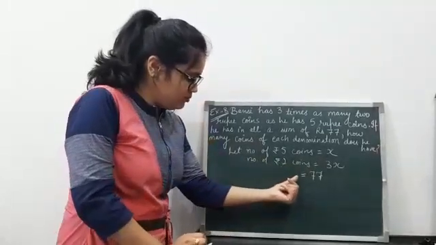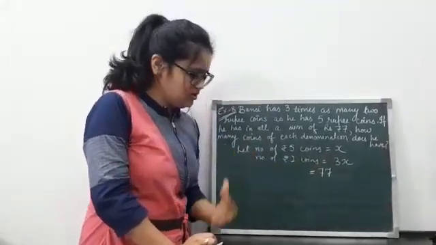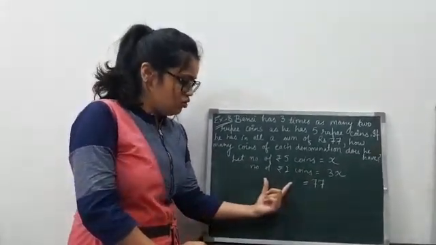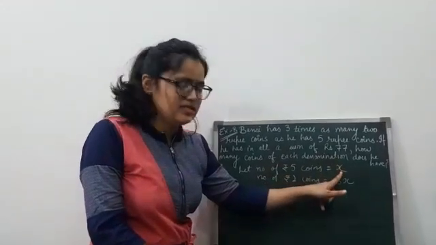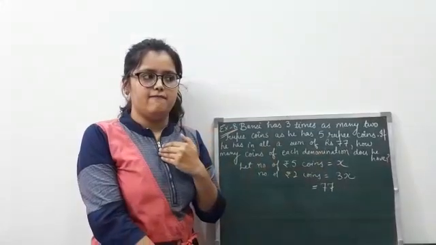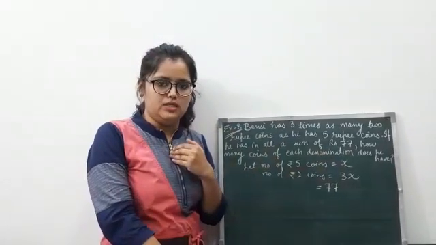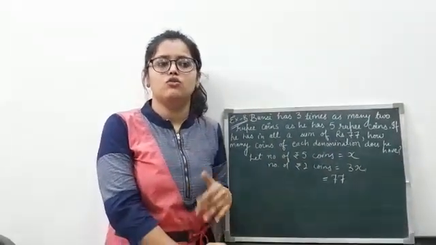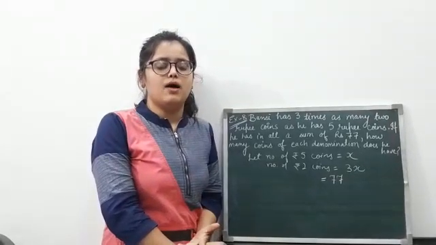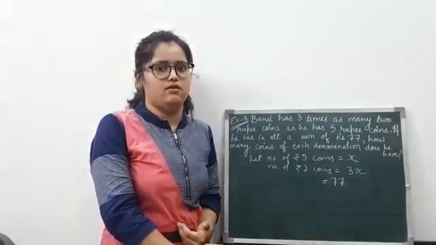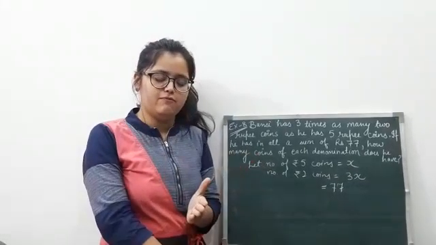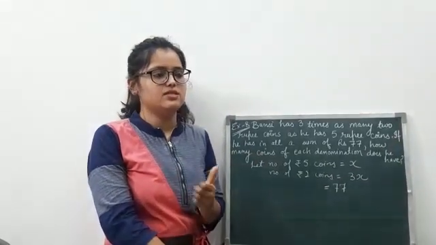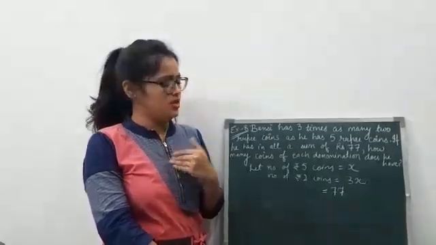But what will we write on the left hand side of the equation? The total money. See, 5 rupee coins are x in number. Suppose I have 10 coins of 5 rupees. Then what will be the amount that I have? 10 multiplied by 5 is 50. That means I have 50 rupees with me.